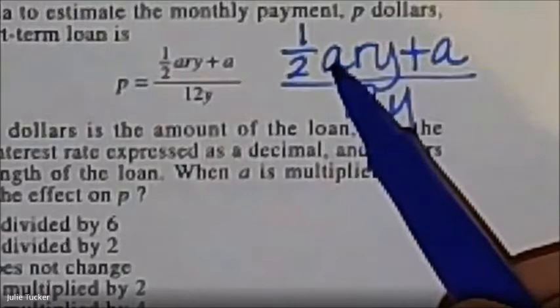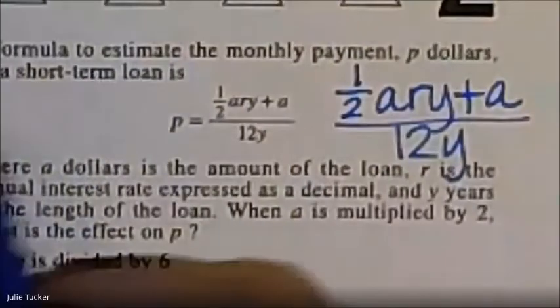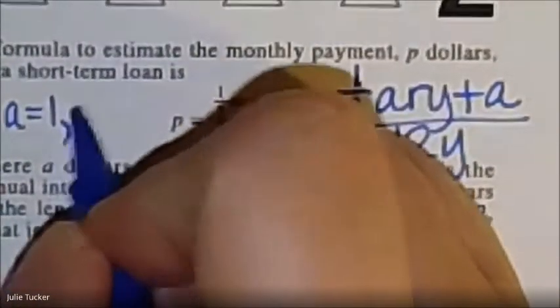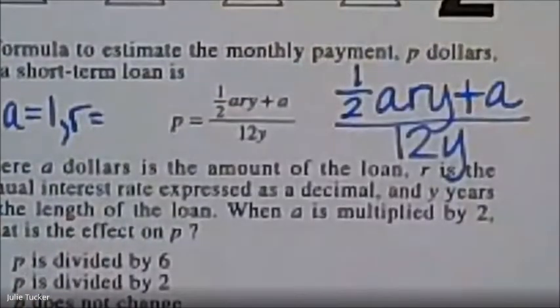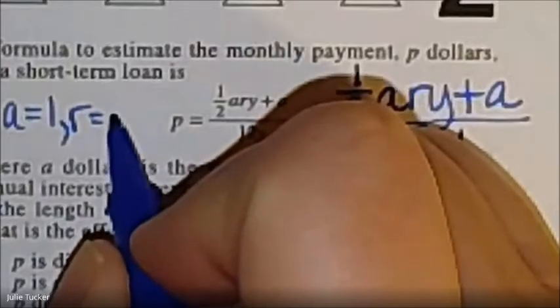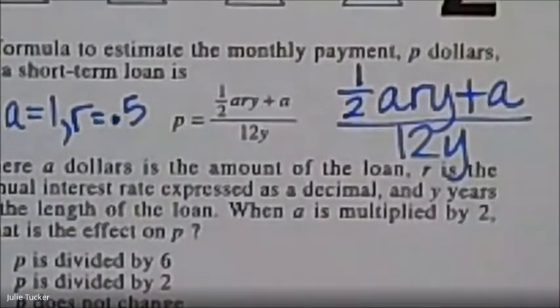If A is 1 and R is, they said that R is the interest rate and it has to be a decimal. So I'm going to go 0.5.